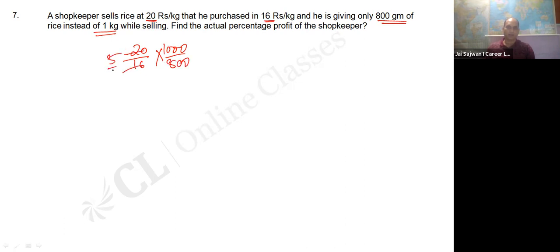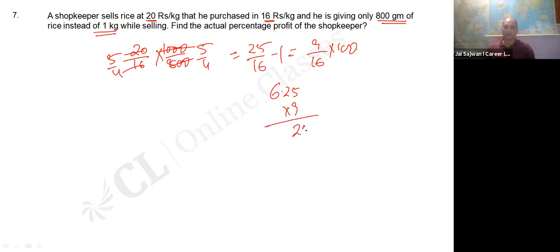Can I say 5 by 4? Can I say 24 by 16? Minus 1 is 9 by 16 into 100. I think all of you know 1 by 16 is 6.25, into 9 is 56.25. So 56.25% of profit will be there. Is it fine, everyone now? The answer is 56.25% of profit.